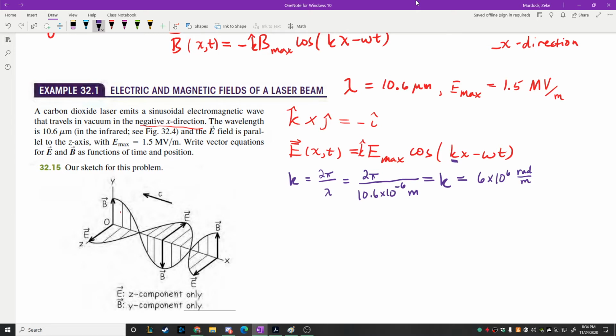Oh, so Ty got a different answer. You rounded aggressively. Well, no, his is different too because it says 10 to the 5.